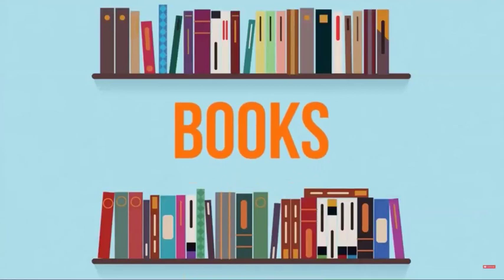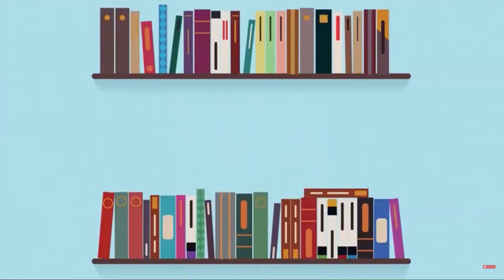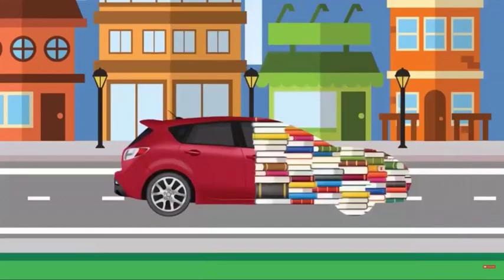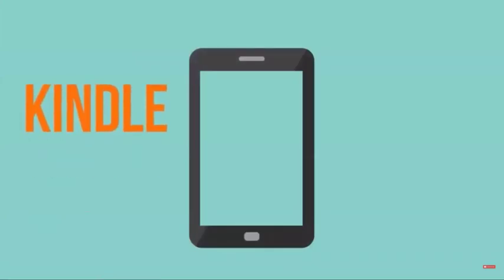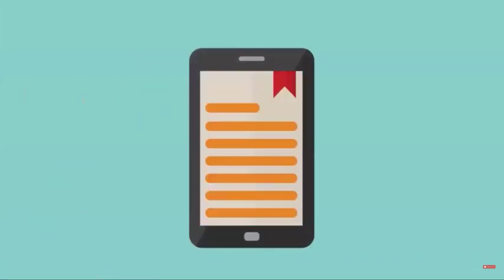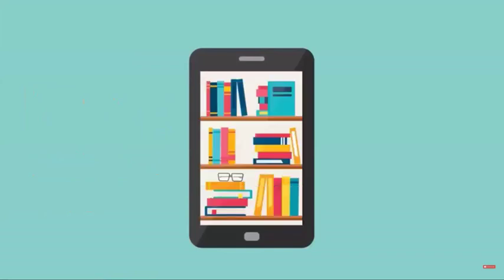Books. 1,400 physical books would weigh about one pound each. That's about as much as half of a car. Kindle. The cheapest version of this electronic reader can hold that many books in digital form.